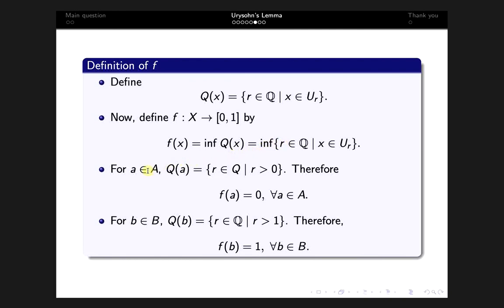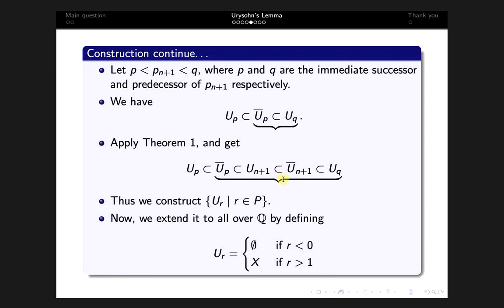And one can note that for every a in A, Q(a) is the set of all rationals R, this should be script Q, the set of rationals, such that R is greater than or equal to 0, because for negative R, U_R is the empty set.